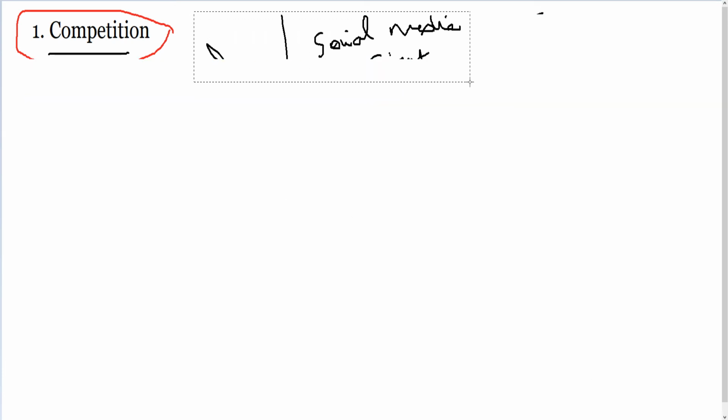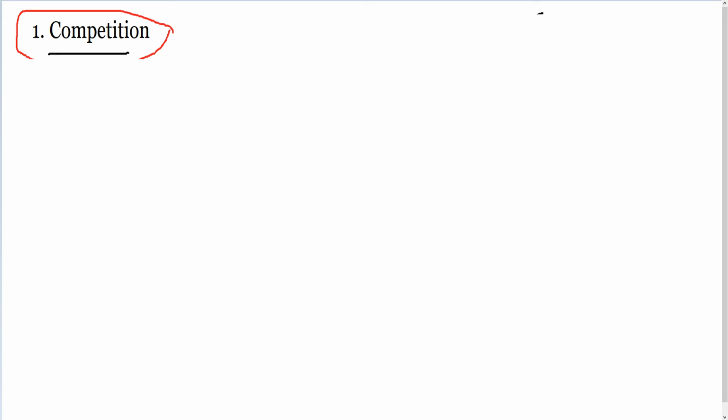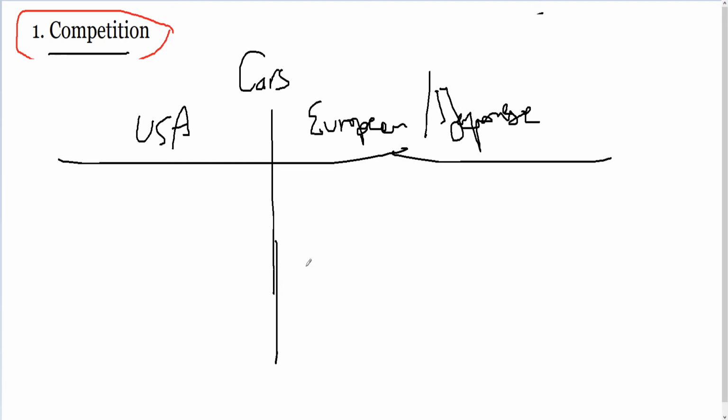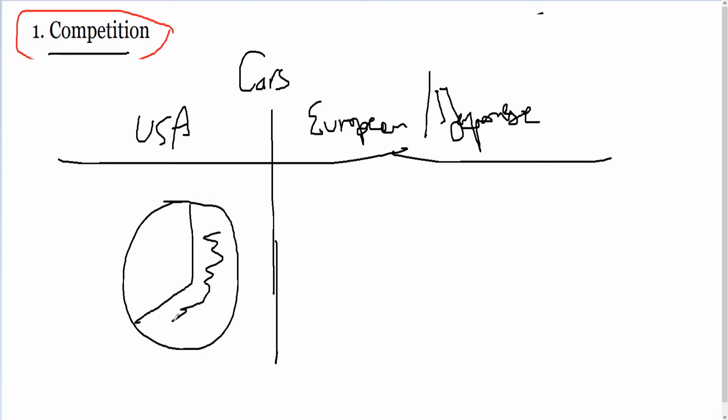If you think about cars, for example, USA cars and European or Japanese cars, they make a very big impact on the business. European and Japanese cars are taking more and more share of the car business against USA cars. Why is this?